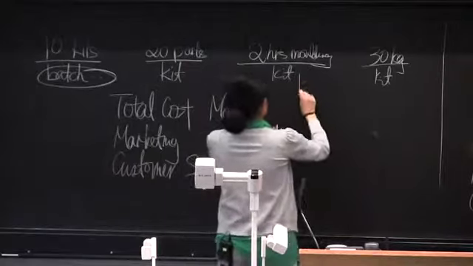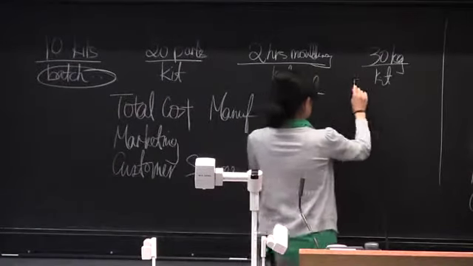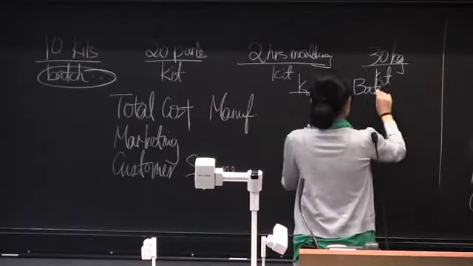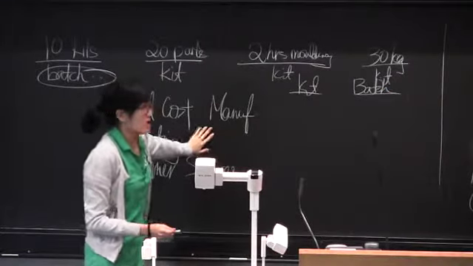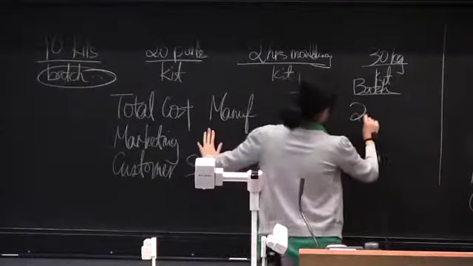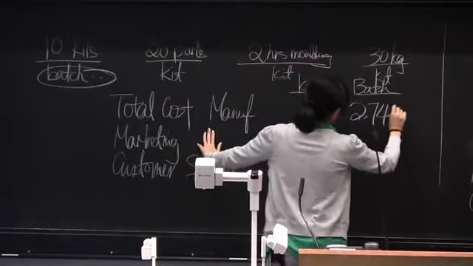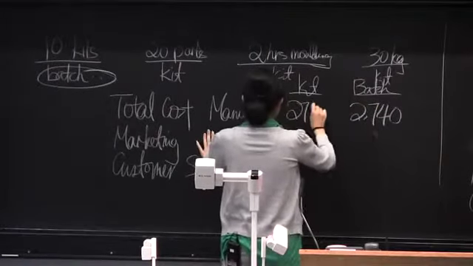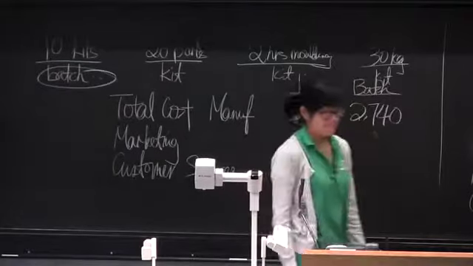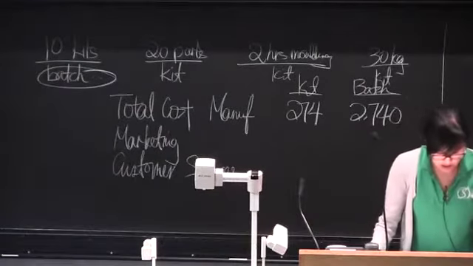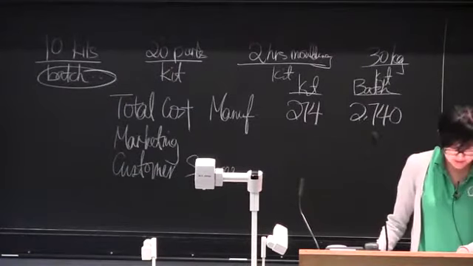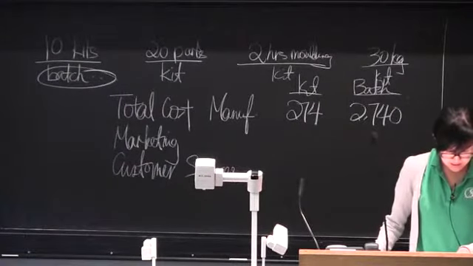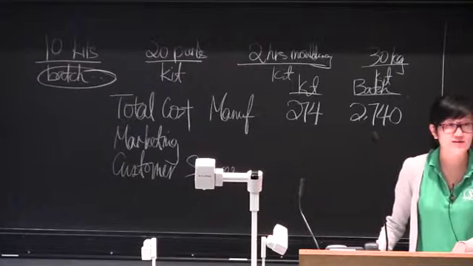So we know total manufacturing cost was $2,740 per batch, $274 per kit. Marketing cost, the total is $15,000, but they produced 1,000 batches.